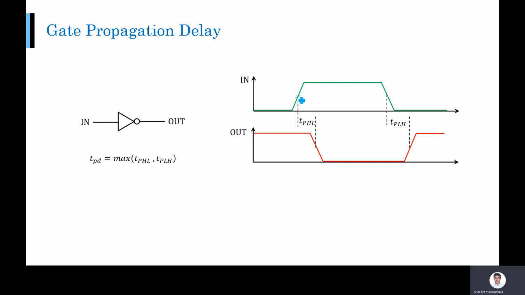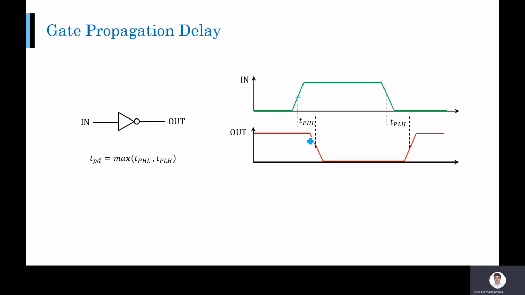Ideally, for an inverter input and output, you just draw a vertical line. In practice that doesn't happen. You cannot have sudden switching. There are always delays, so even your input will take a little bit of time to change from one state to another. Let this point be the time where it reaches half of its max value, and output changes after some time.